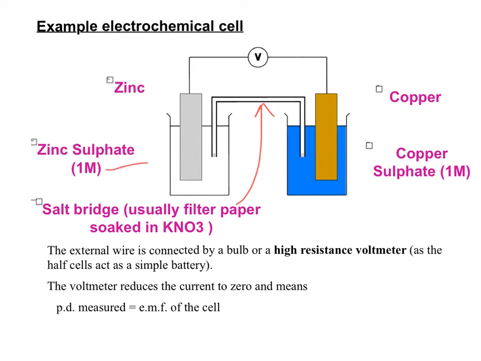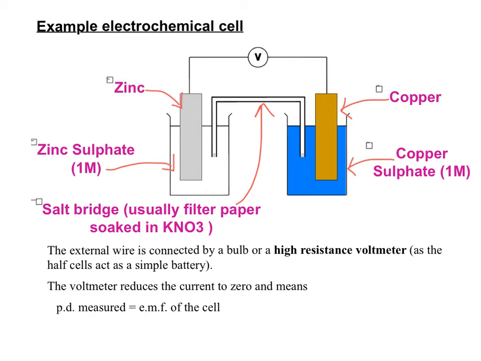Remember, that's our zinc sulfate and our strip of zinc metal, and on the other side our copper sulfate solution and our strip of copper metal. What's connecting the two solutions is a salt bridge. A salt bridge is a piece of filter paper soaked in a solution, usually potassium nitrate, and it completes the circuit by allowing the ions to move between each half cell.